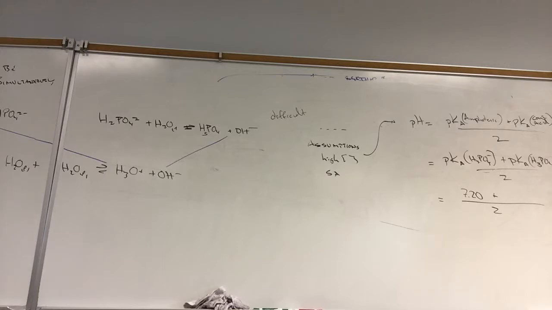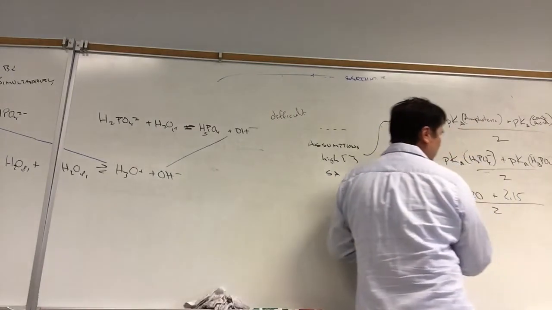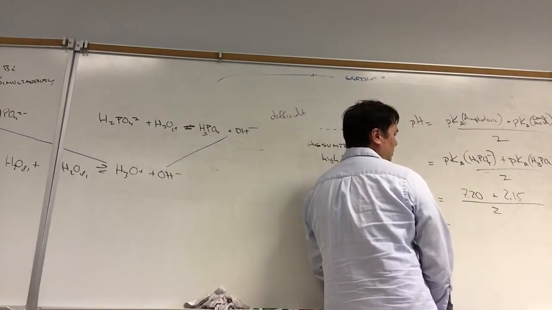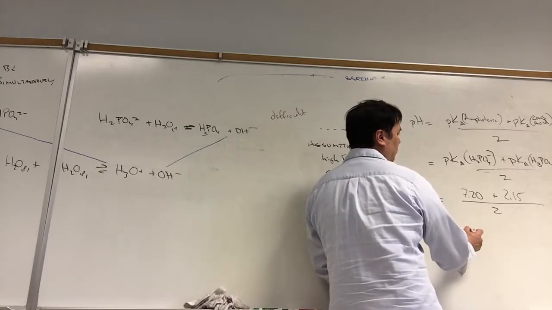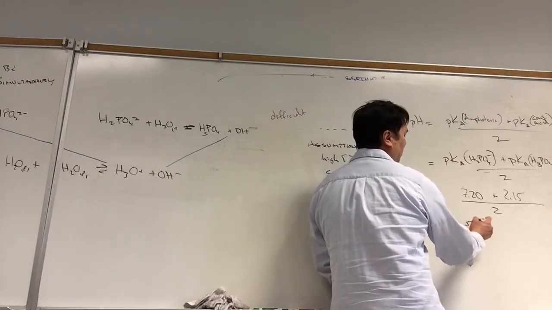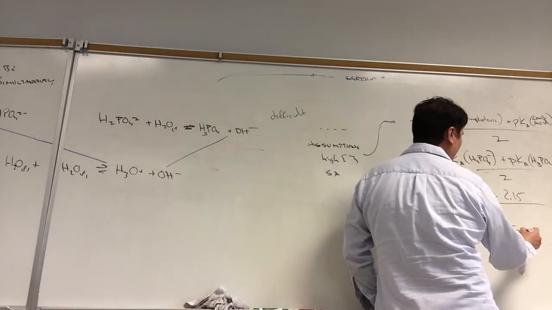The negative log of 7.1 times 10 to the minus 3. Okay, 2.15. 2.15 is what's in the book, so we'll just use that. So this comes out to 5.05 divided by 2. This is a 2.525.